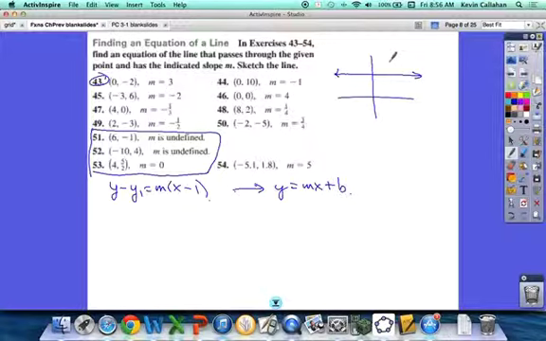Okay. How do you make the equation of a horizontal line? It's y equals whatever that is. In this case, it could be y equals 3, because every point on that line has a y coordinate of 3. So for this one right here, at 53, it says, find the equation of a line that has a slope of 0, and it goes through the point 4, 5 halves.